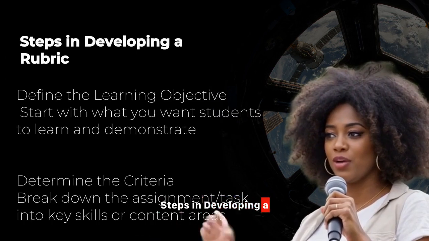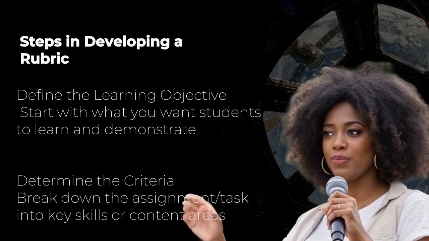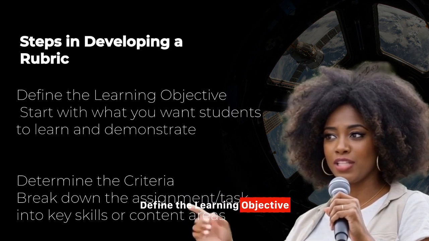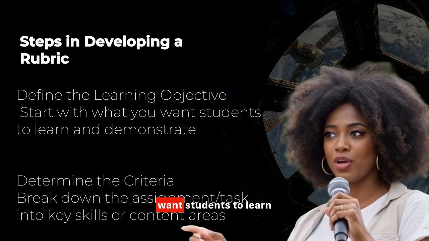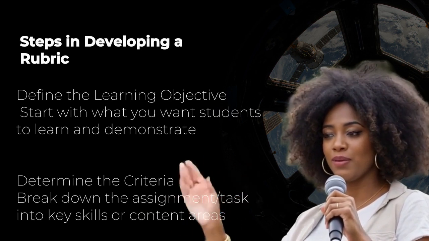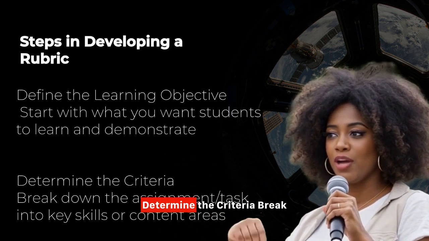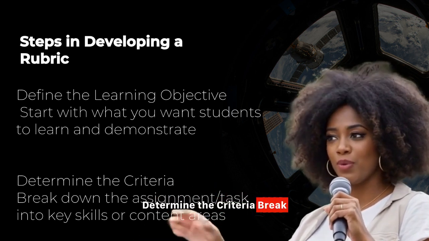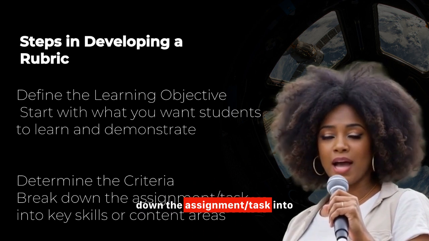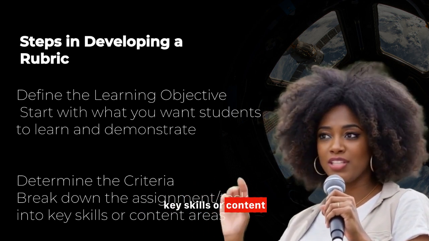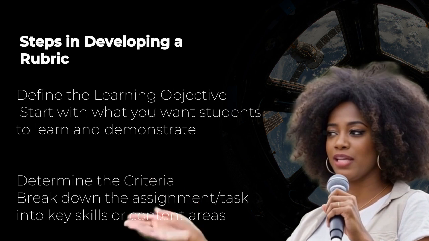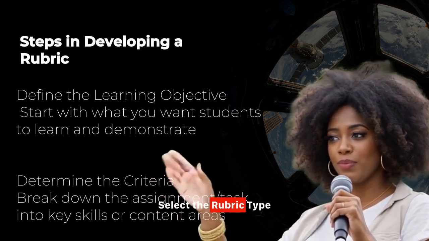Steps in developing a rubric. 1. Define the learning objective. Start with what you want students to learn and demonstrate. 2. Determine the criteria. Break down the assignment, task, into key skills or content areas. 3. Select the rubric type.